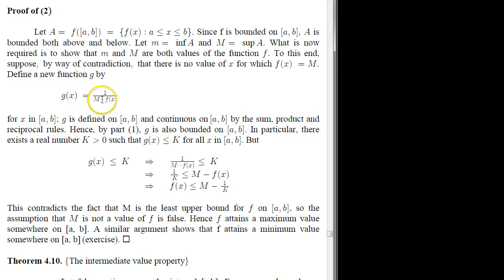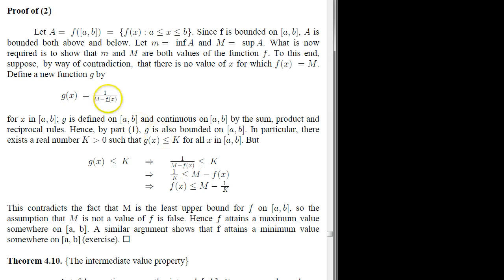It's defined because the denominator is non-zero, because f(x) never equals M. Both constituents M and f(x) are continuous, so M minus f(x) is continuous. The 1 is a continuous function, so again by the quotient rule for continuous functions, g(x) is a continuous function.